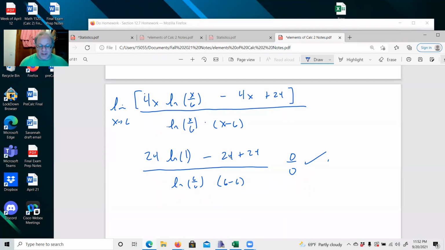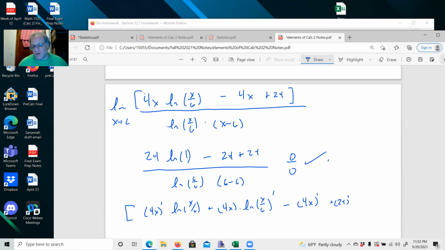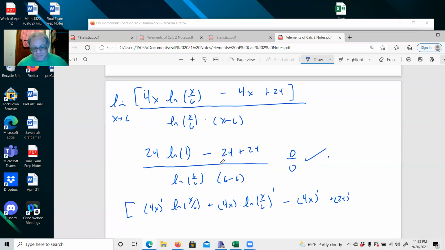On top, it's the derivative of 4x times the natural log of x over 6, plus 4x times the derivative of natural log of x over 6, minus the derivative of 4x plus the derivative of 24, which we take piecewise because they are not products.